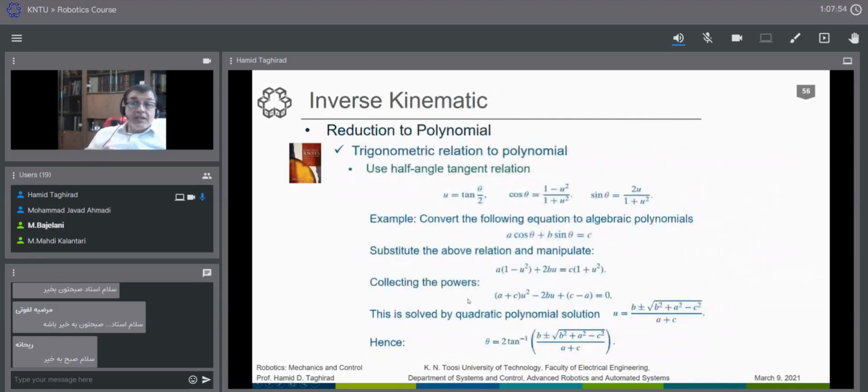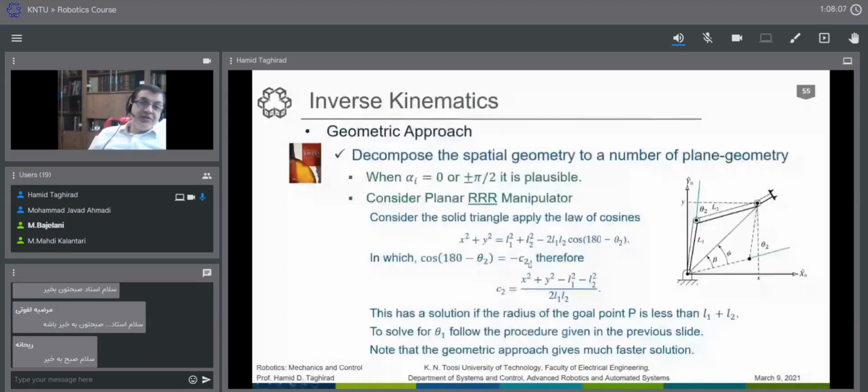I'll go to the next part, which is very, very important. I can say this is more general. The previous version that I showed is very good in exams. If you have an exam with short time to give the solution, the smarter you think, the faster you get the solution.